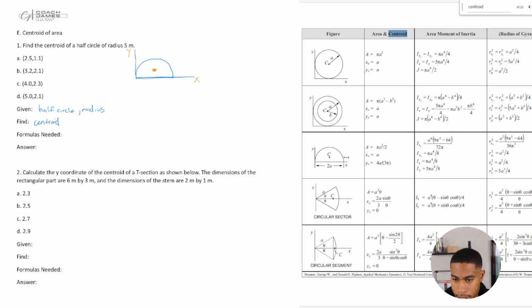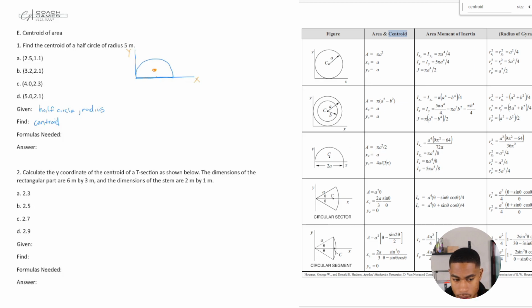Now how do we read this chart? To get xc, the x coordinate of the center of this shape, we know that xc is equal to a.